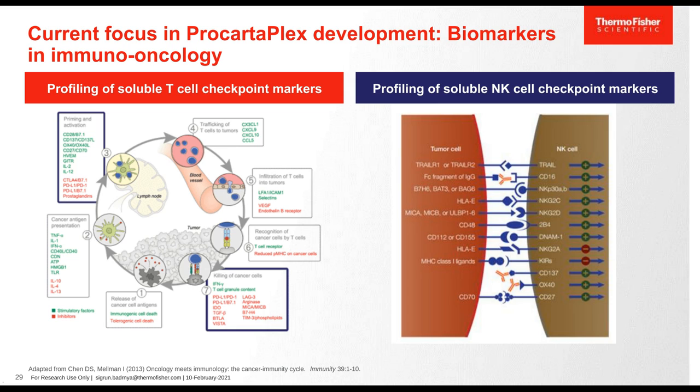Each of these 7 steps is tightly regulated and involves the coordination of a multitude of checkpoint molecules and other cell surface receptors, as well as soluble factors such as cytokines and chemokines.